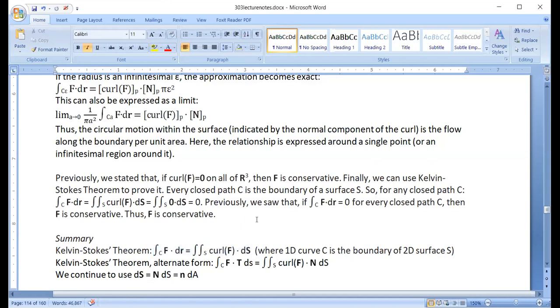And then there's an alternate form for Kelvin-Stokes theorem. We continue to use the fact that the oriented dS is, by definition, unit normal n times dS, which when we convert it into parametric form will be normal vector n dA.